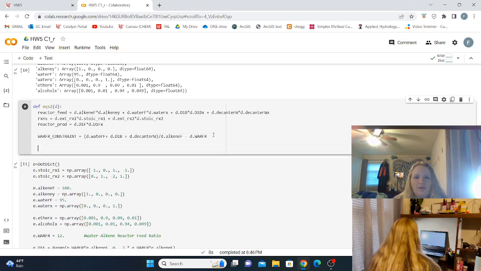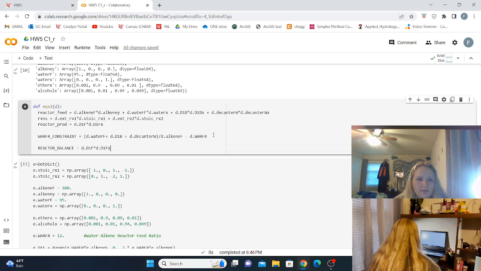Now we're going to put in our reactor balance, which is the sum of our reactor feed and reactions minus our product. Let's have this as reactor_balance. That's going to be equal to D.D1F times D.D1Fx.